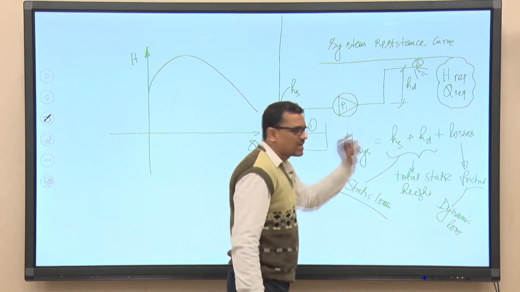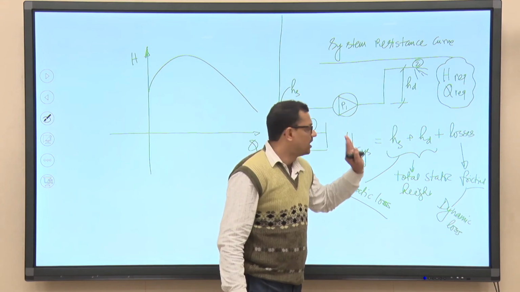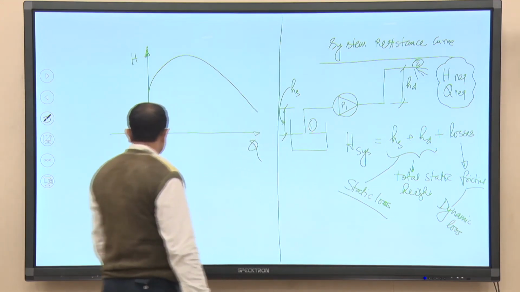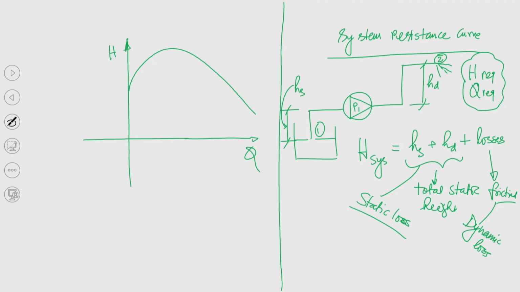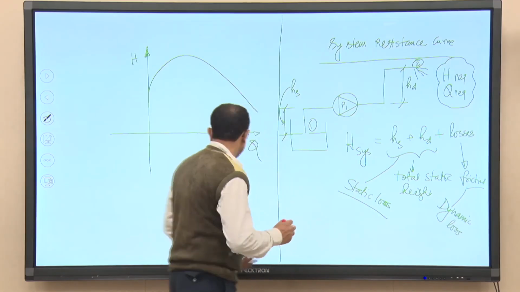This is the total static height. Again I am telling you, this is static, this part is fixed. What is dynamic loss? We have studied from classical fluid mechanics the frictional losses. What is frictional loss?